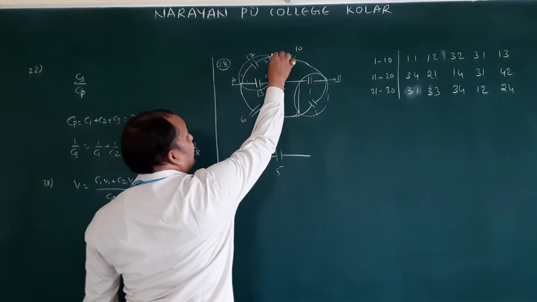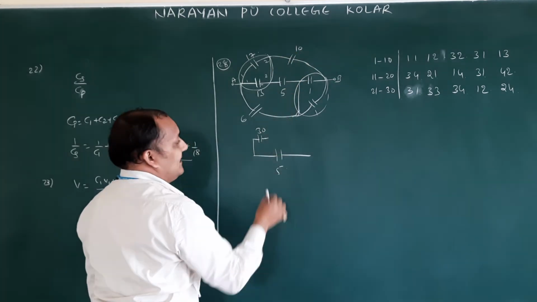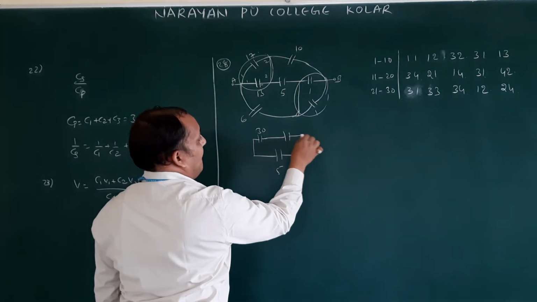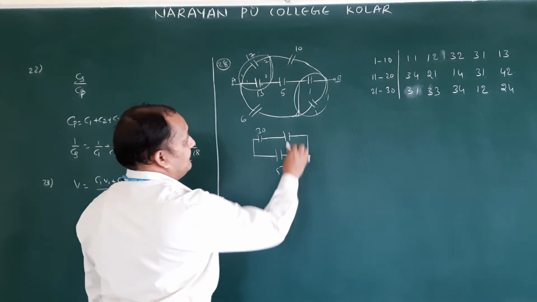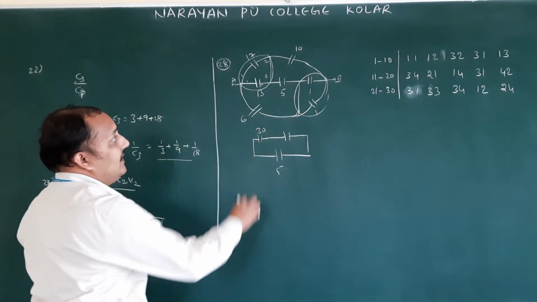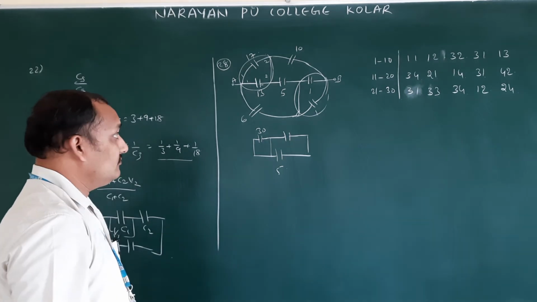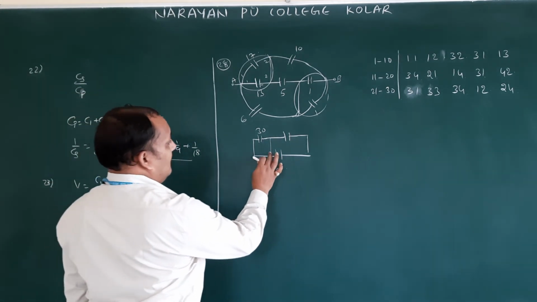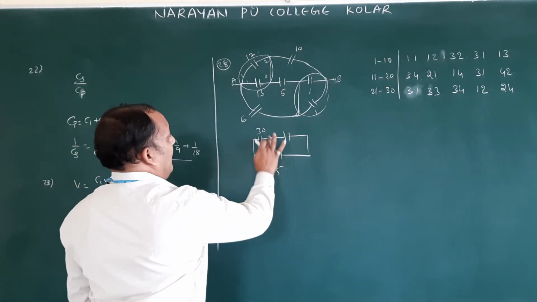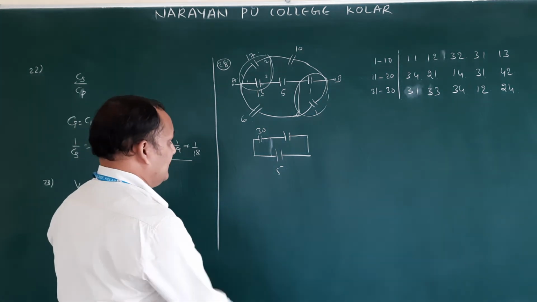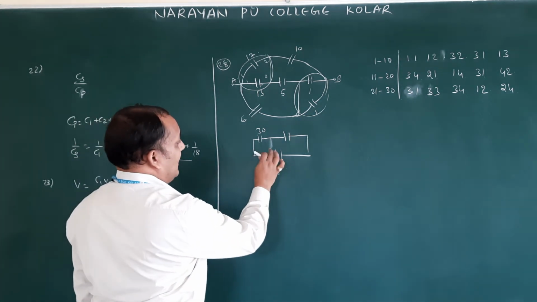Next, this 30 is going to connect here to the 10. 10 only? Yeah. And these two points are connected like this. Isn't it? Next, below 1.